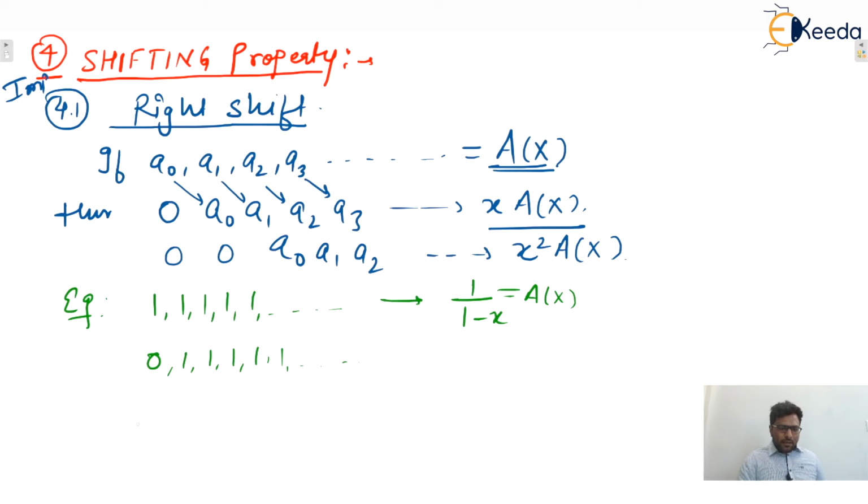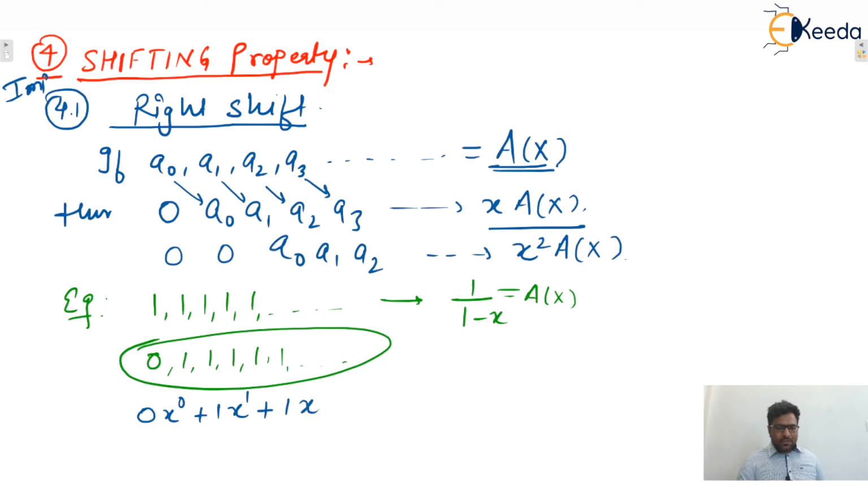Whatever be the sequence given to you, ultimately we need to multiply the first term with x power 0, the second one with x power 1, and add all these, yes or no? So this becomes this series: x raised to power 1 plus x square plus x cube up to infinity. Take x as common, so this becomes 1 plus x plus x square up to infinity.